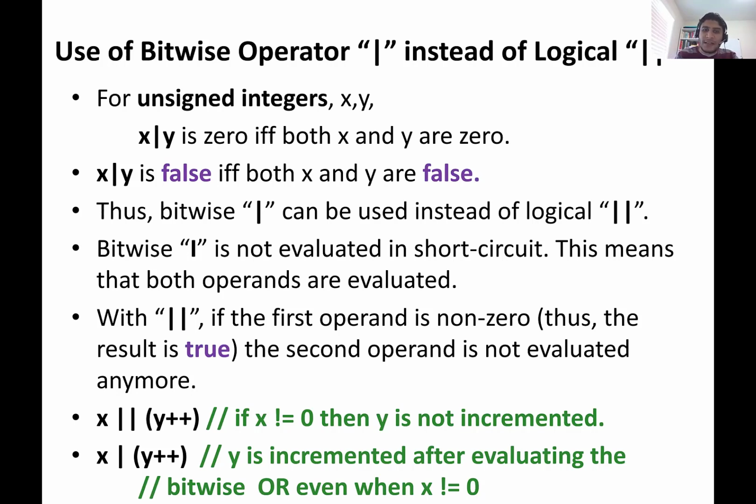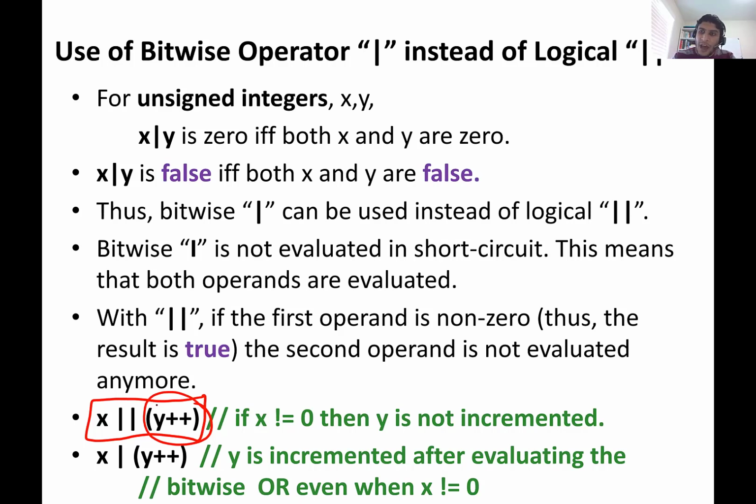Remember, we discussed this before the midterm, right? So if I know that X is true, the compiler wouldn't compute this expression, and hence Y will not be incremented, right? If Y initially was 0, afterwards Y will still be 0 because the increment didn't happen.